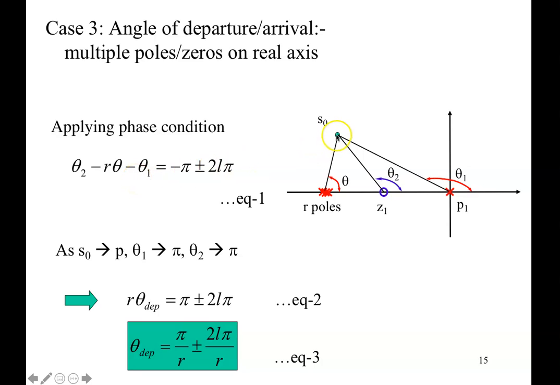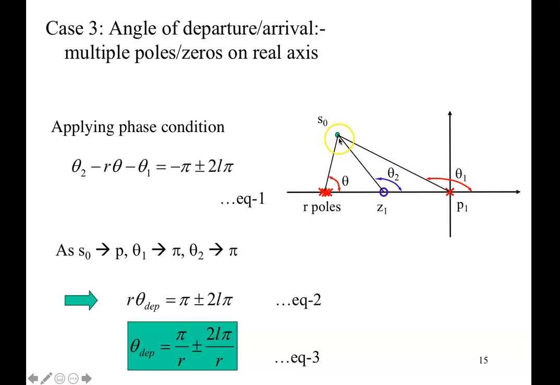Now imagine I push this test point down towards the multiple pole, getting closer and closer to it. Look at that angle. What happened to that angle?